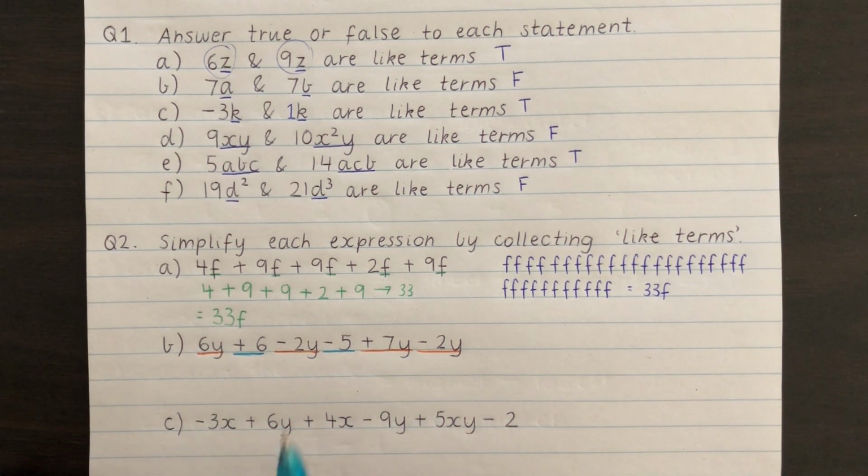And they need to be done separately, because everything that's underlined in orange is a like term. Everything that's underlined in blue is also a like term, but a different like term. Okay, so I'm not allowed to mix oranges with blues. Oranges need to stay together, blues need to stay together. So let's do the oranges first.